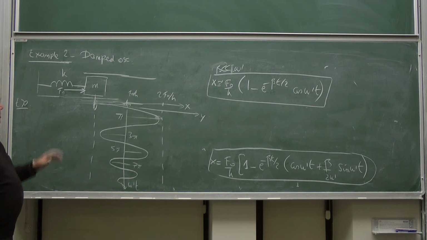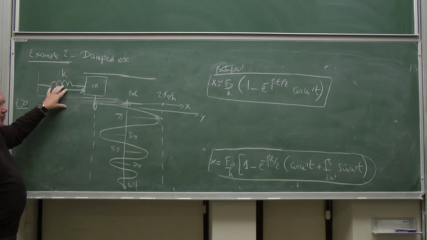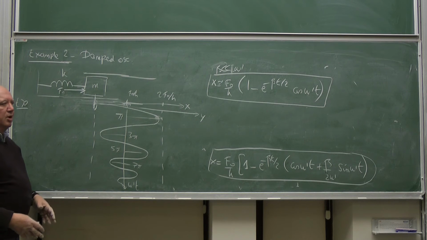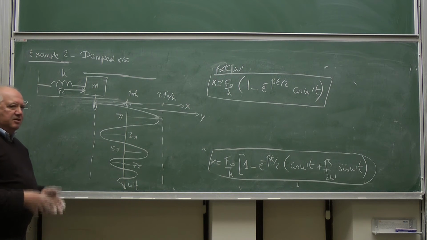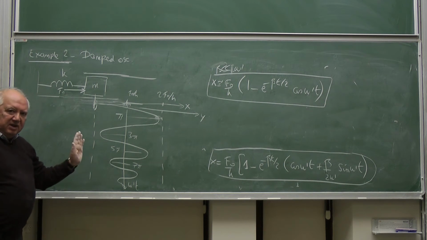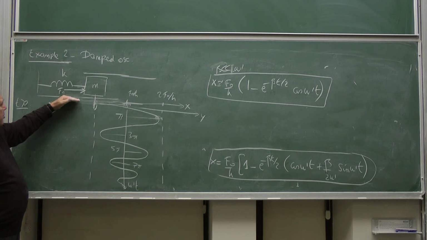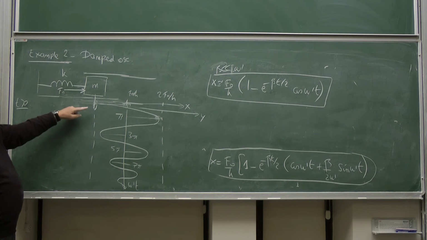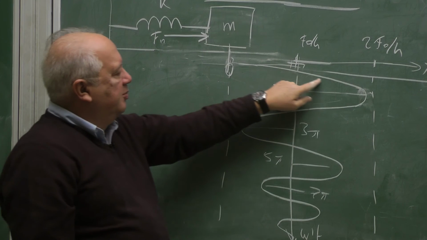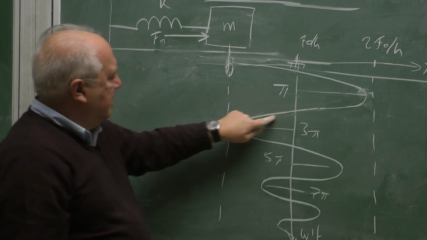A damped oscillator with a constant force can be reduced to a damped oscillator with no force, but with a different equilibrium position. And if you start with initial conditions like that, at time equals 0 you apply the force F0, it goes to the equilibrium position.